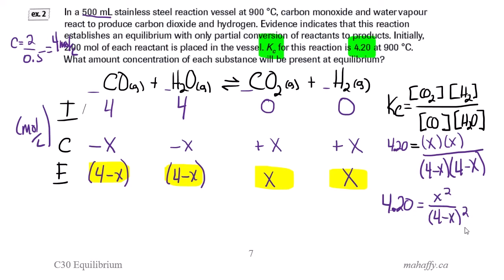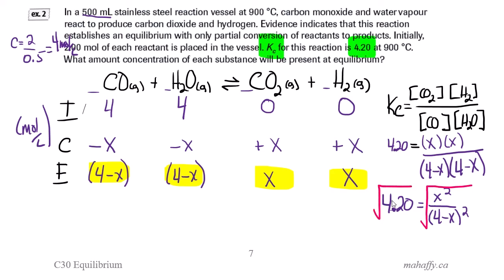I've got a square divided by a square. So I can get rid of these x squareds by square rooting this whole side, as long as I square root this whole side here too.